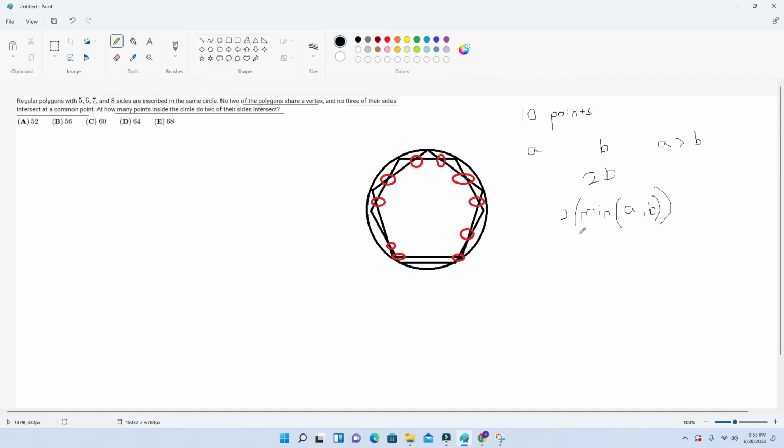And we don't need to worry about any special cases because the problem restricts all special cases. It says they can't share a vertex and they can't intersect at a common point. So all interactions happen like this.